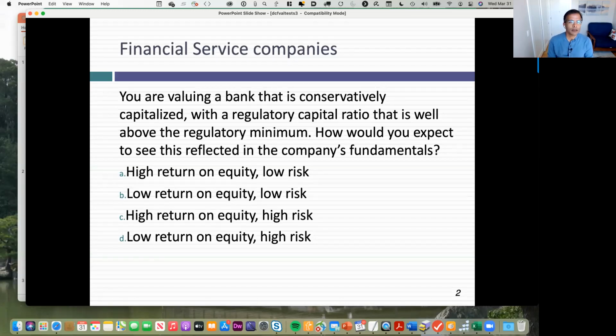In terms of risk, do you expect this company to be lower risk, or the bank to be lower risk or higher risk than a typical bank, given that it's overcapitalized? And the biggest risk banks face is if regulatory capital constraints kick in, then bad things happen to you as a bank. Because they're overcapitalized, that's less likely to happen. Doesn't mean it's not likely to happen, but it's less likely. So overcapitalized banks will tend to have low return on equity and low risk.